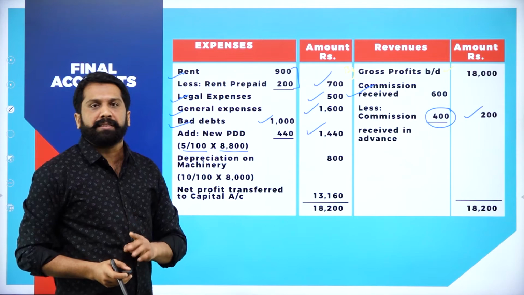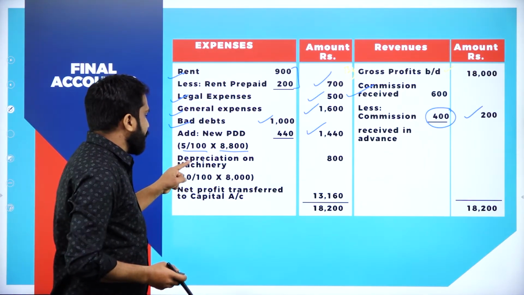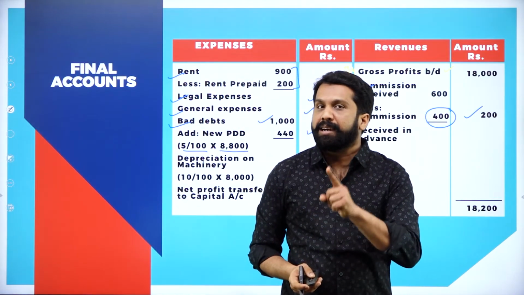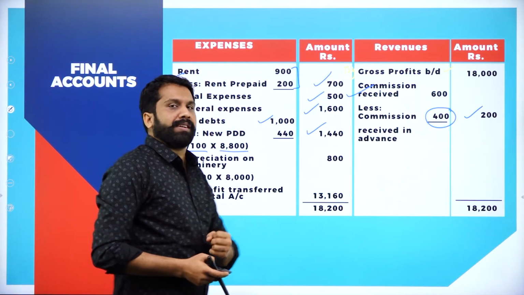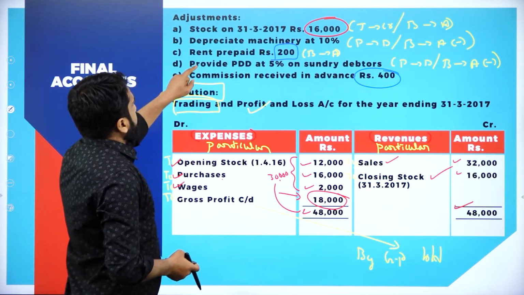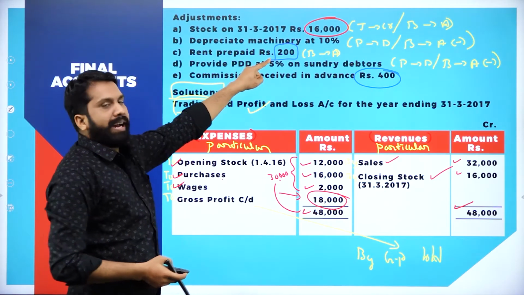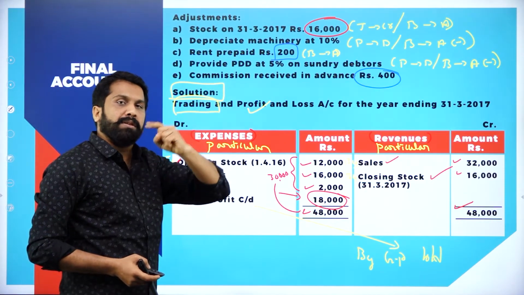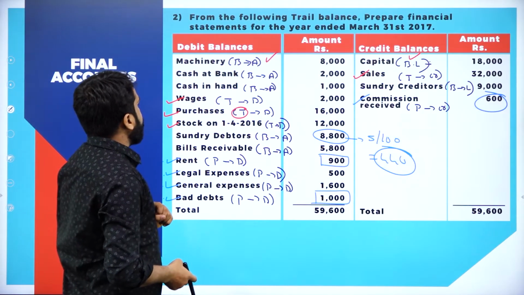Hope you are clear. Now, the last thing is depreciation. Depreciation is not in the table, but it is there in the adjustment. I'll go back to your adjustment. Depreciate machinery at 10%. What should you do? You have to go back to machinery. What is the value of machinery?